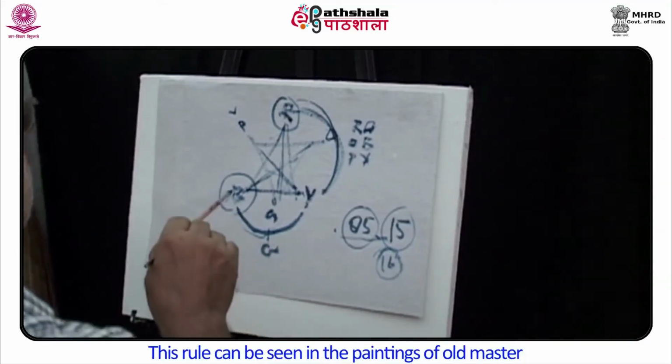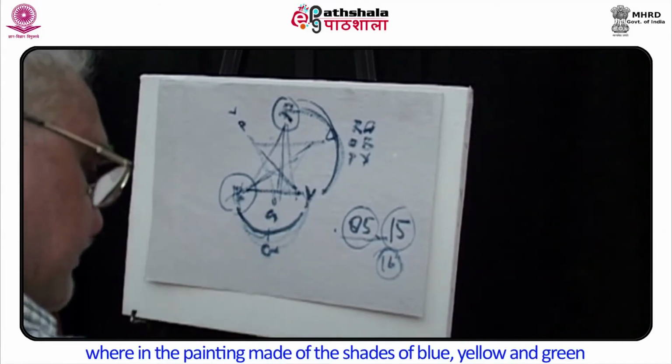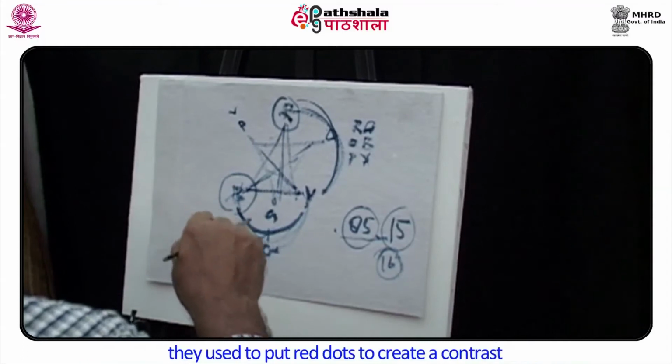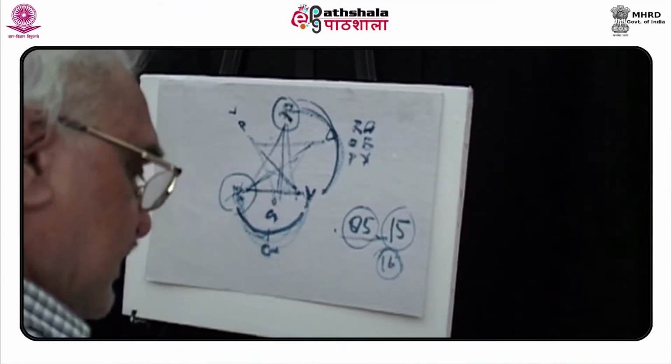This rule can be seen in the paintings of Old Masters, where in a painting made of shades of blue, yellow and green, they used to put red dots to create a contrast.